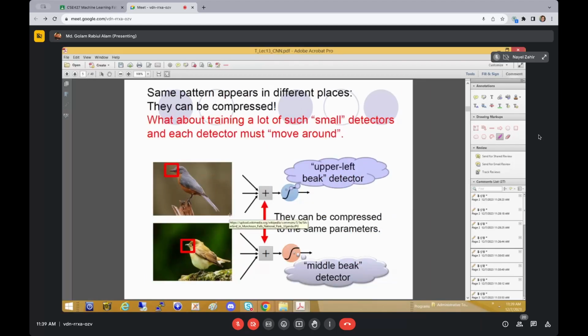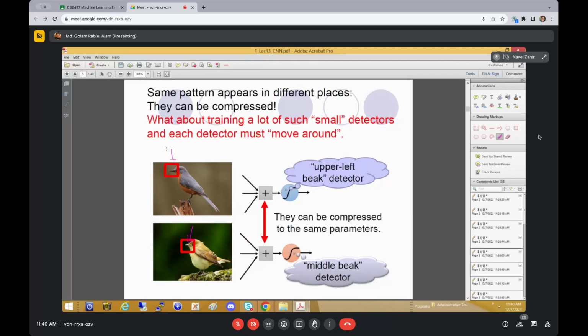But the problem is, consider that the beak is in this position, but for this bird, the beak is in another position. Here the beak is in the upper left corner, but for this one it is in the middle of the image. So what should we do? To find the beak, we have to scan through all these images.